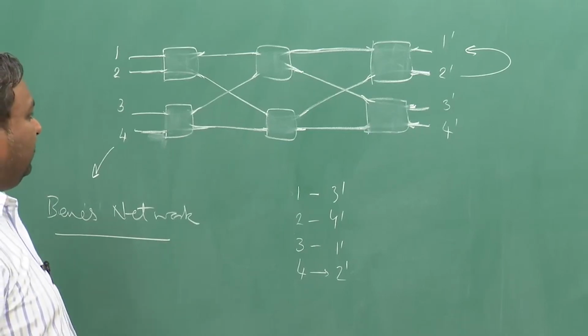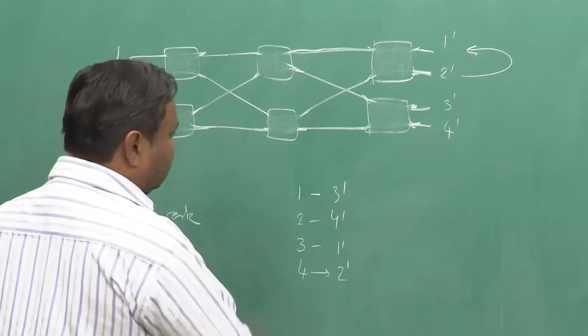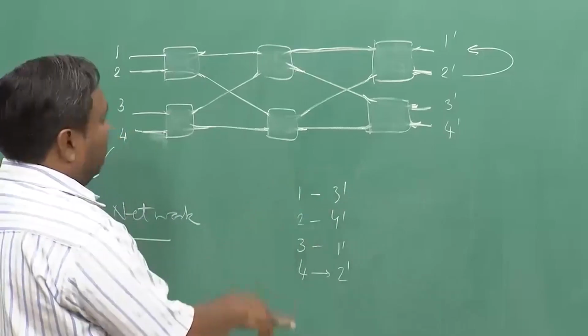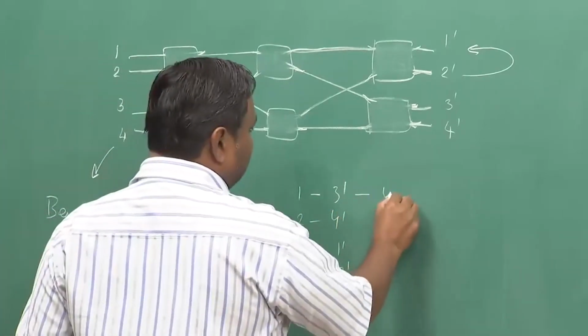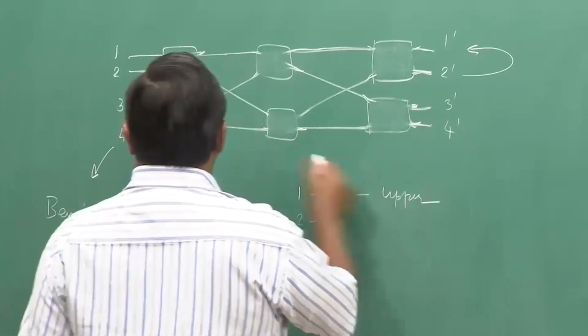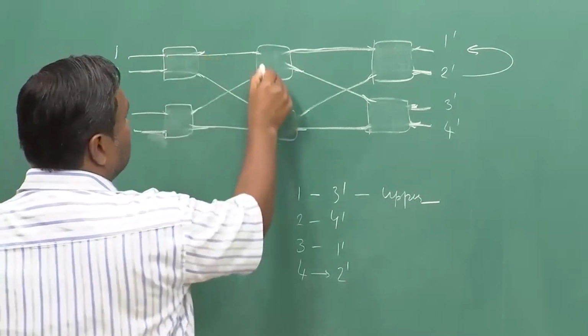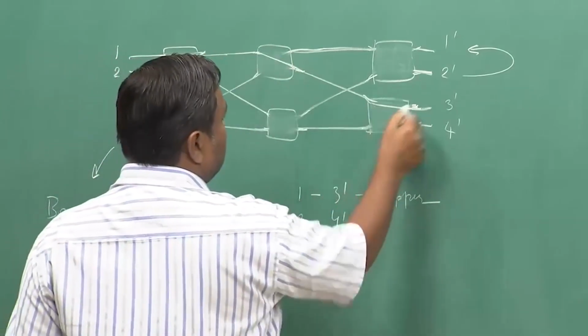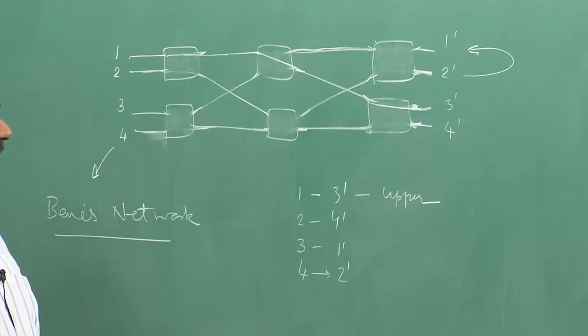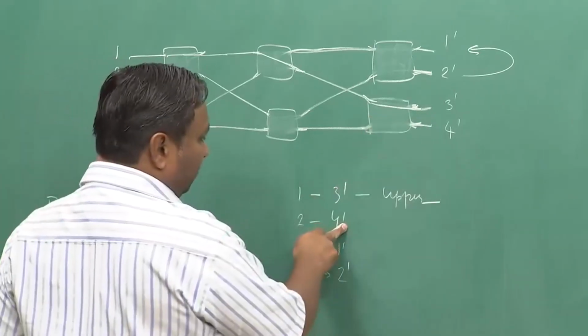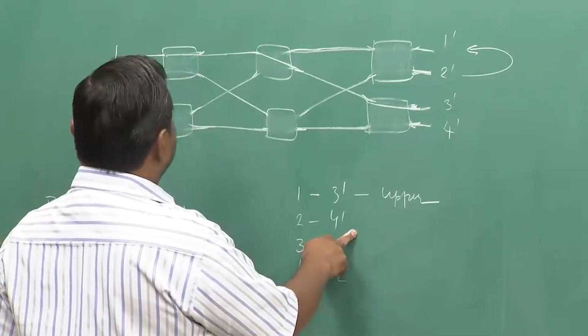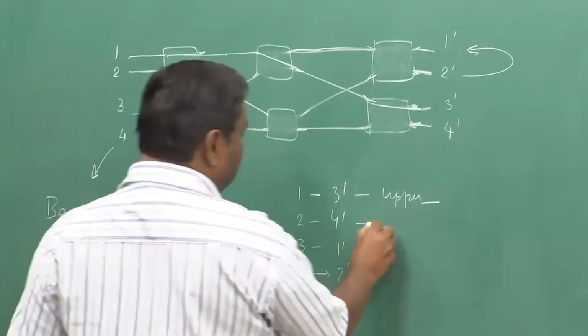So, 1 to 3 prime, and this time I am going to go from upper. So, 1 to 3 prime goes here. Corresponding to 3 prime there is a 4 prime. So, I need to create 2 to 4, but I will be using the lower one.